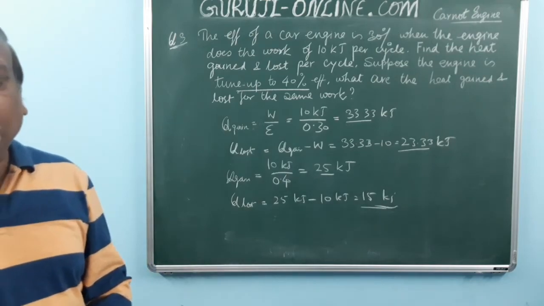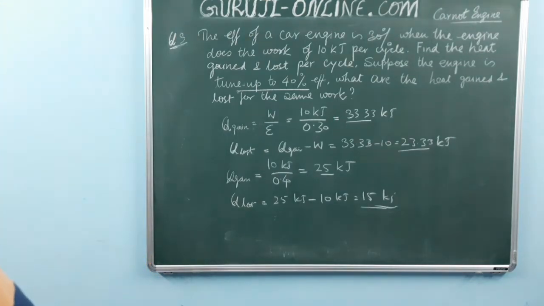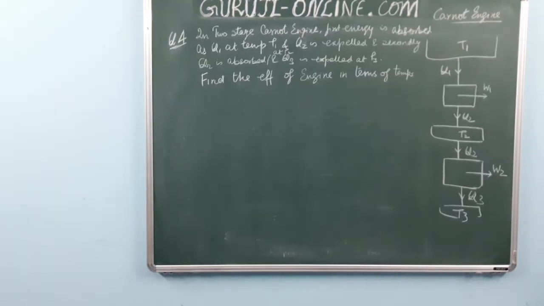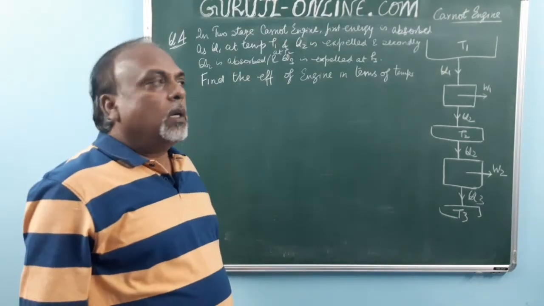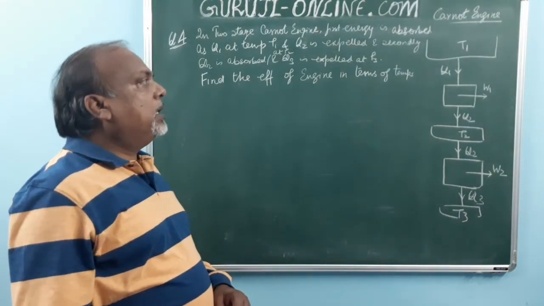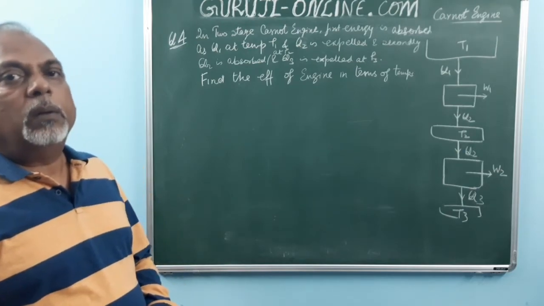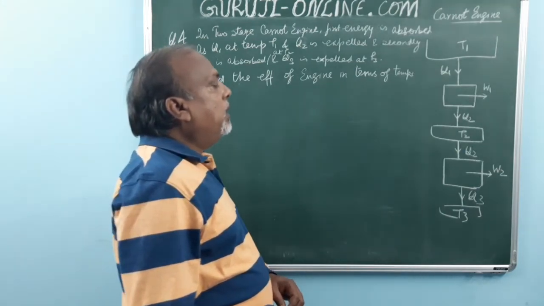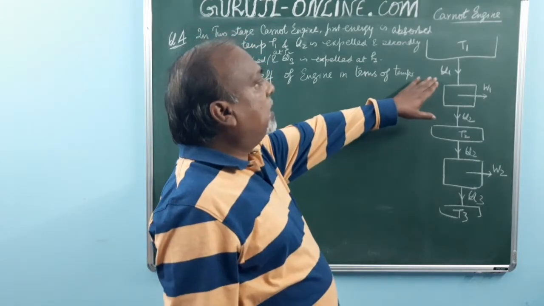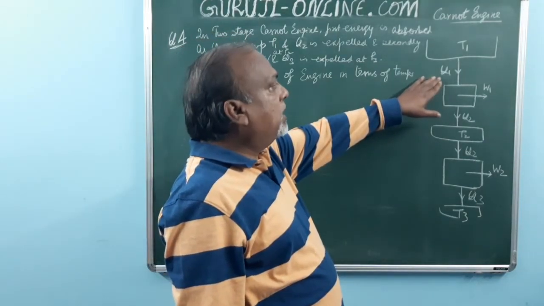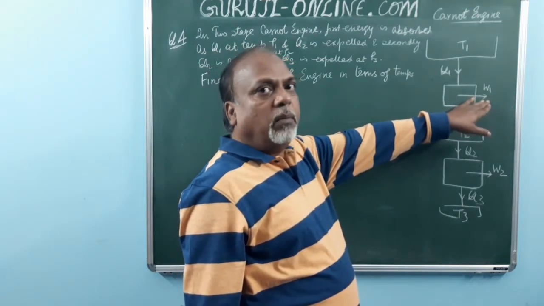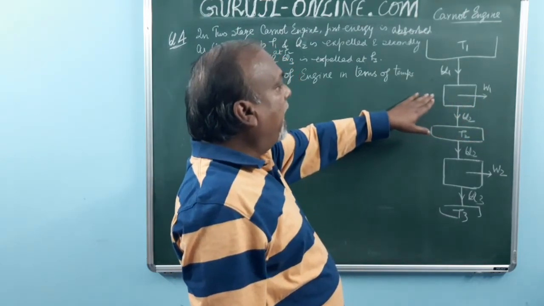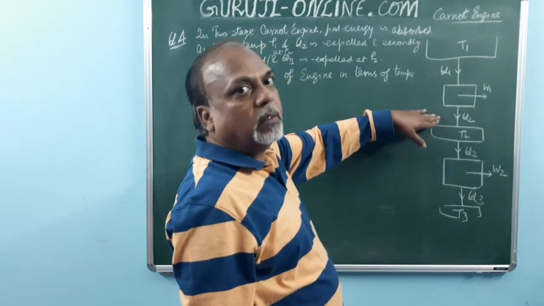Let us see. This is our fourth question. Basically, this is a two-stage Carnot engine. In the first stage, this Q1 energy is absorbed, W1 work is done by the engine, and Q2 energy is expelled.